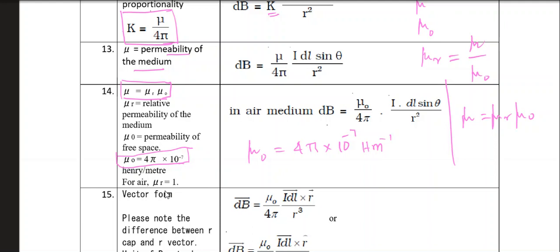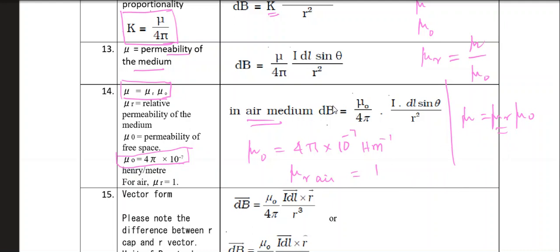The relative permeability mu r for air is 1. So in an air medium, since mu r is equal to 1, you can put mu naught instead of mu, and that is why I have taken it.